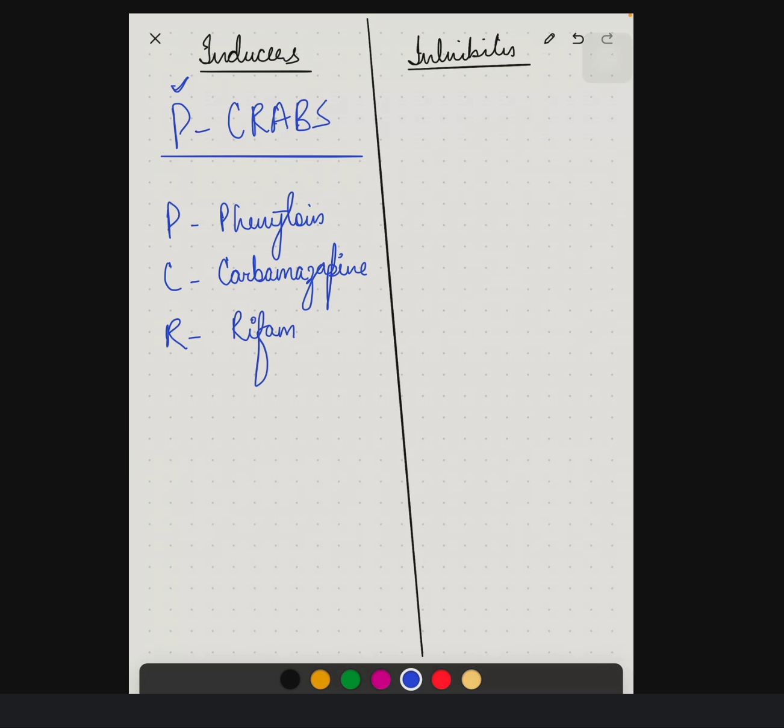This is called the mother of drug interactions in antibiotics because it reacts with most of the other agents, and it is used only in cases of tuberculosis when we have no other choice. Alcohol, chronic alcoholism, acts as an inducer. B for barbs and S is for smoking.